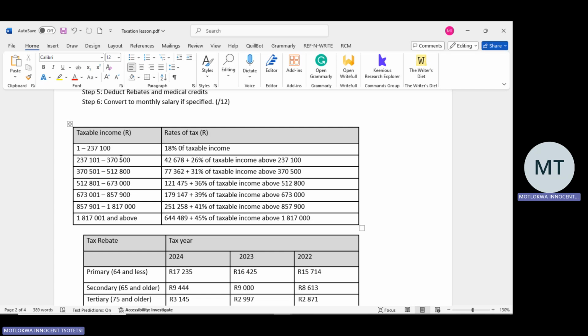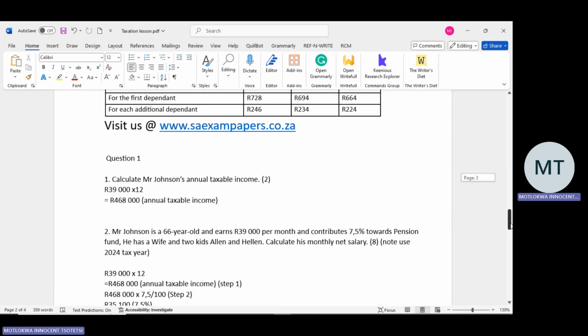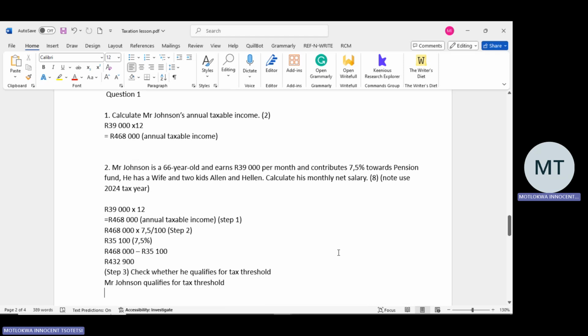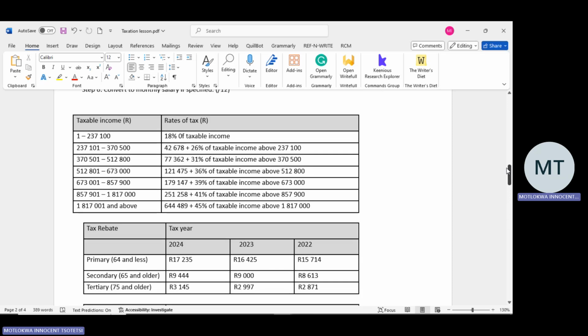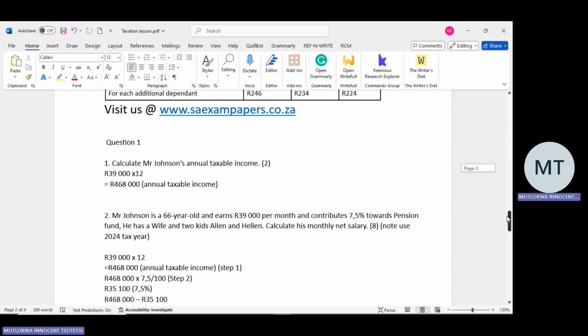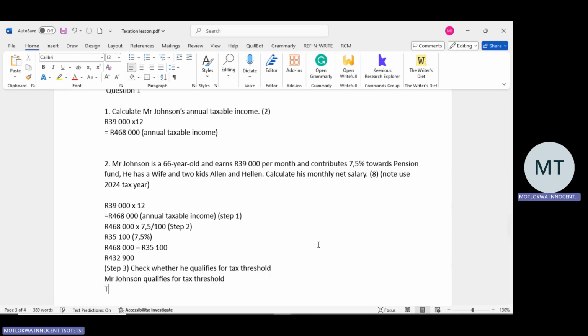Now the money that we had, which is 432,900, falls in between 370,501 and 512,800. So it means Mr. Johnson will qualify for tax bracket 3.